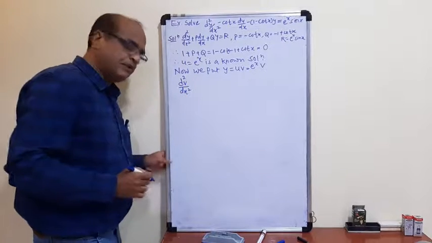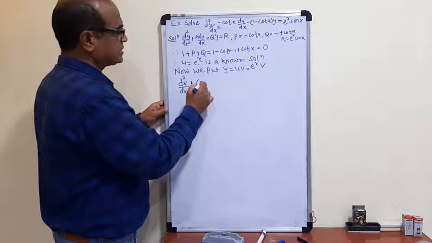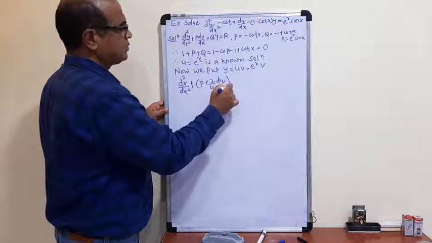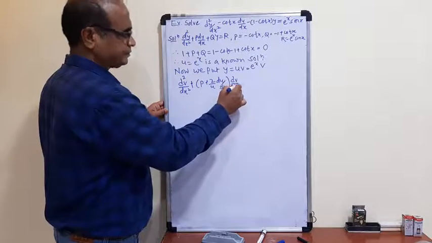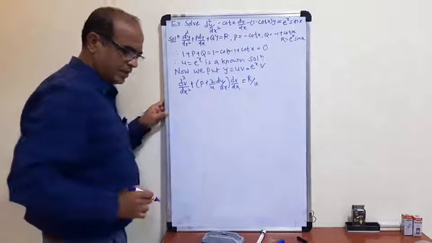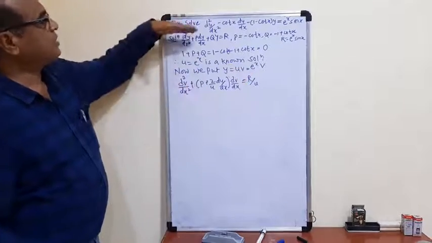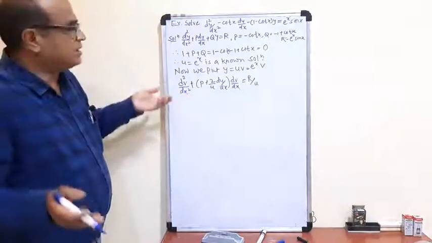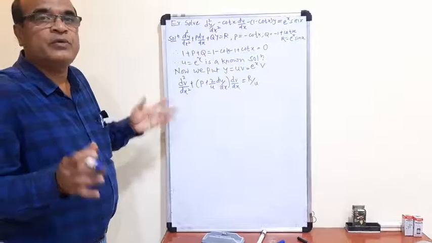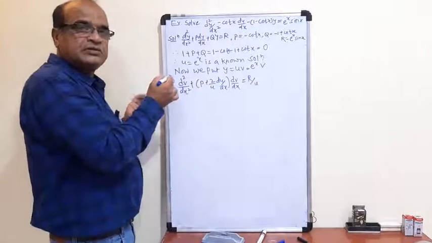So by changing the dependent variable y to v, we get the equation: d2v by dx square plus (p plus 2 upon u du by dx) into dv by dx is equal to r upon u. By putting y is equal to uv in this equation, we get this equation. We discussed that in the theory of solving second order differential equations when one integral is known. So you remember this equation.